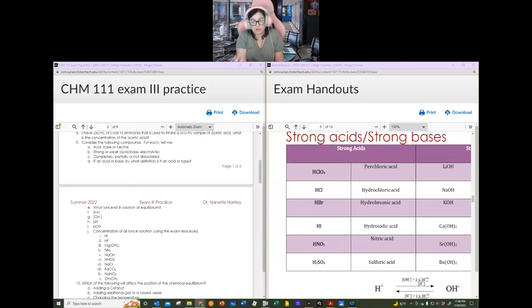The question with Lewis is, would HI be able to take a pair of electrons to be a Lewis acid? And the answer is no, because once I've donated that H+, I'm left with I-, right? And the Lewis dot structure for I- is this guy.